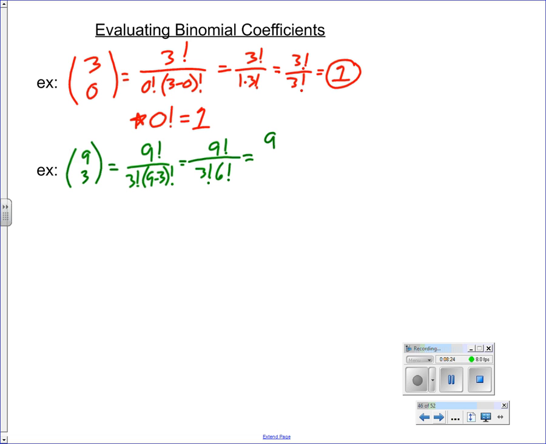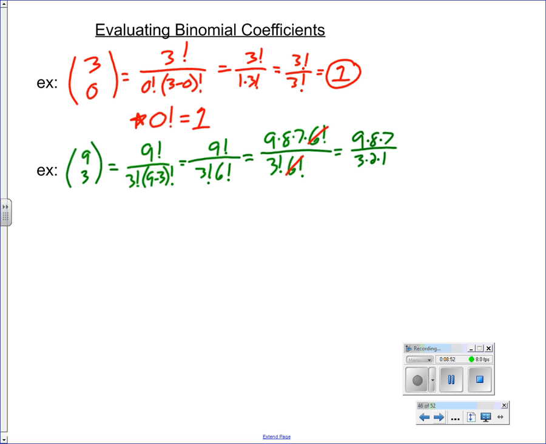So this is going to be 9 times 8 times 7 times 6 factorial, the same way we worked with the factorials on day 2. We're going to write them out so we can cancel. So here's our cancellation. We cancel out the 6 factorial. I have 9 times 8 times 7 over 3 factorial, which is 3 times 2 times 1.